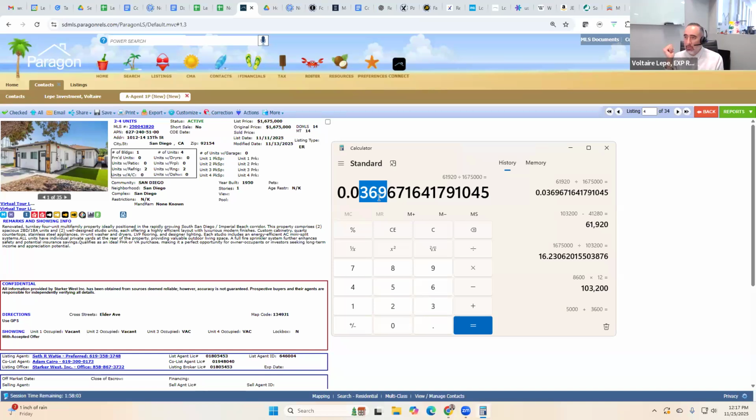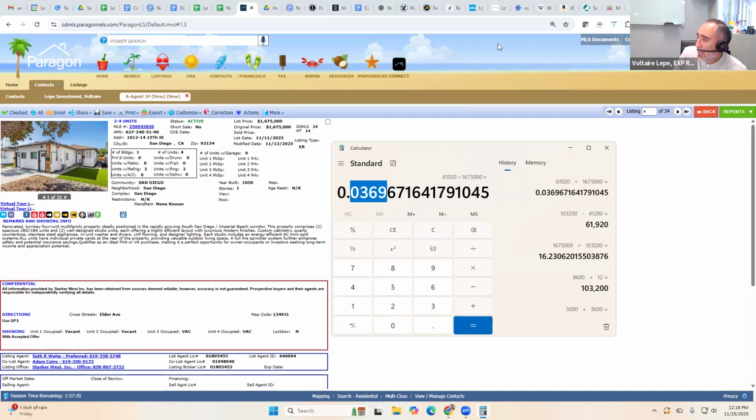I could loan somebody 1.675 million and charge them 8%, 6%, 10%. I could make more money than buying this property with that money. Now, I don't get the benefits of cost segregation, bonus depreciation, write-offs and things like that, or future appreciation, right? I don't get those benefits. But if I'm looking at it straight cash flow, I'll make more money somewhere else than 3.7%. Does that make sense?